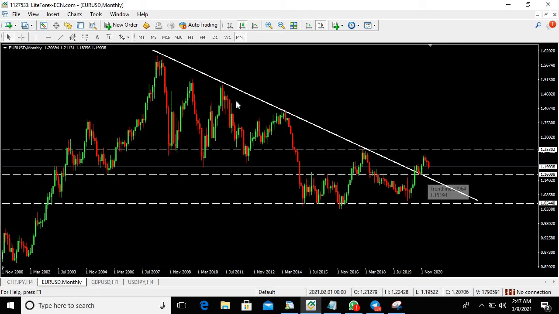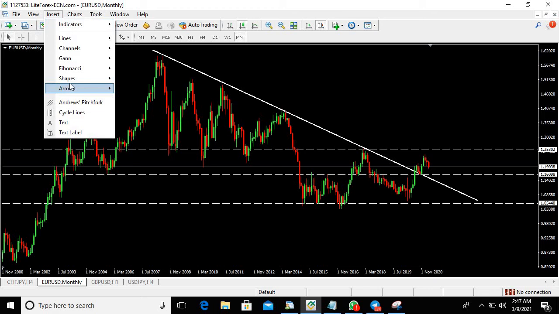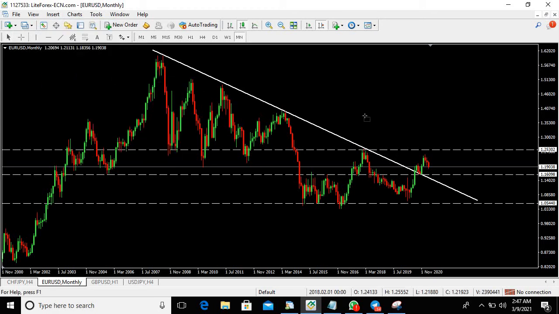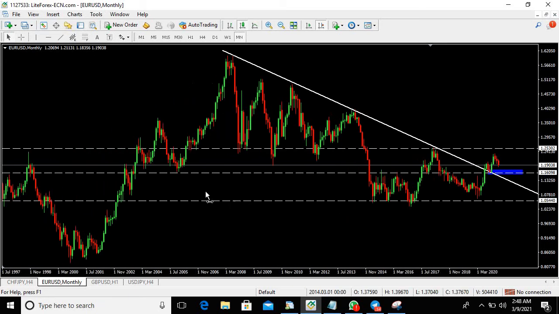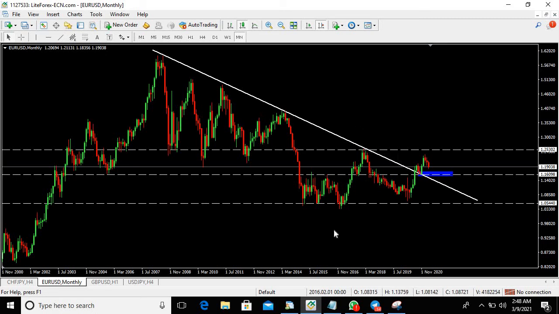So now we have a zone here. Let me mark this zone so that you can understand this limit. We have already seen that the market has broken the trend line. Down here we have a chart pattern which is called W, or you can call it double bottom.